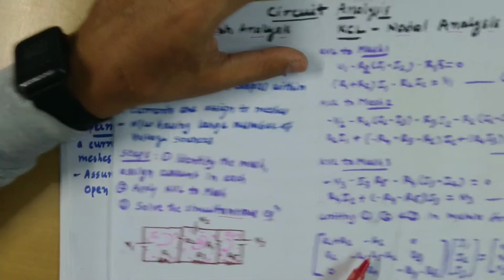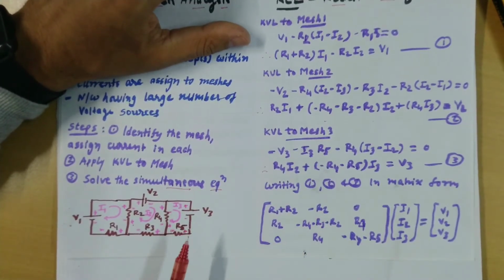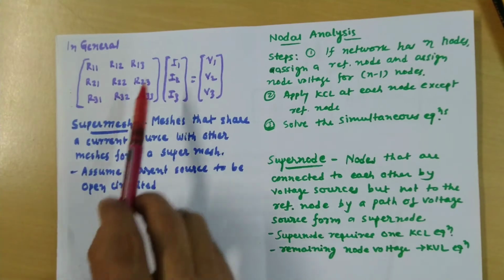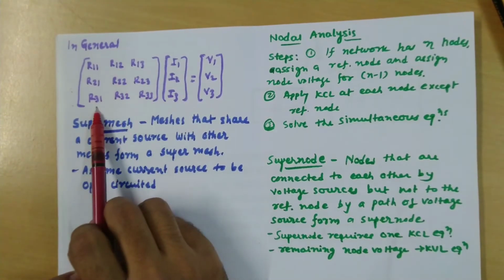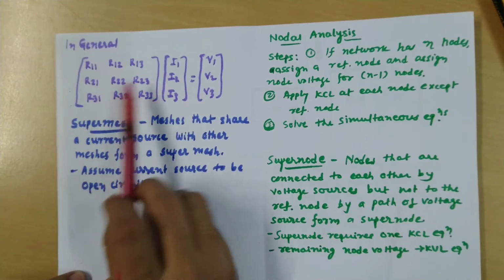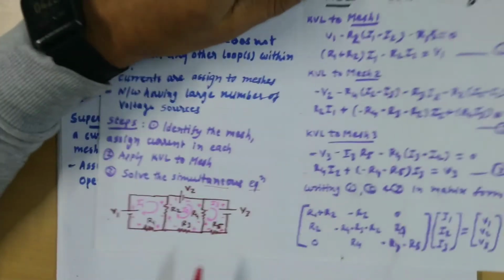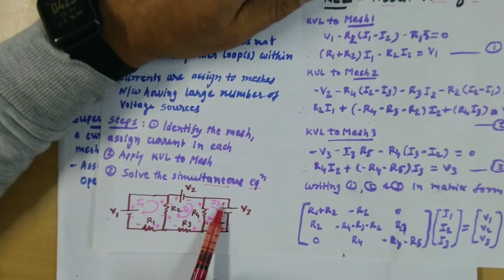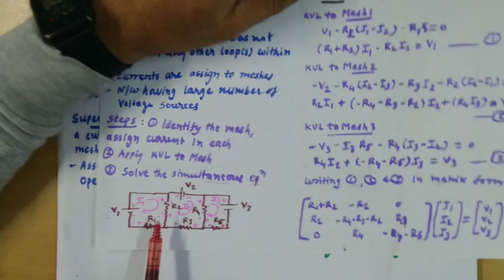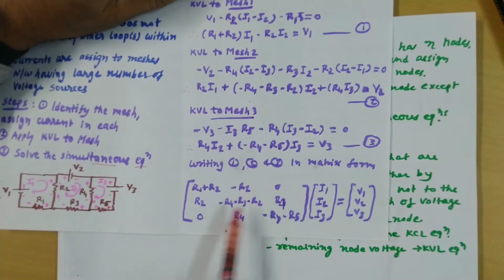So here we can see that it is R2. Same way R13 and R31 also indicate the sum of all resistances common to mesh 1 and 3. So for mesh 1 and 3, this is mesh 1 and this is mesh 3, there is no common resistor, so we get 0 in that case.